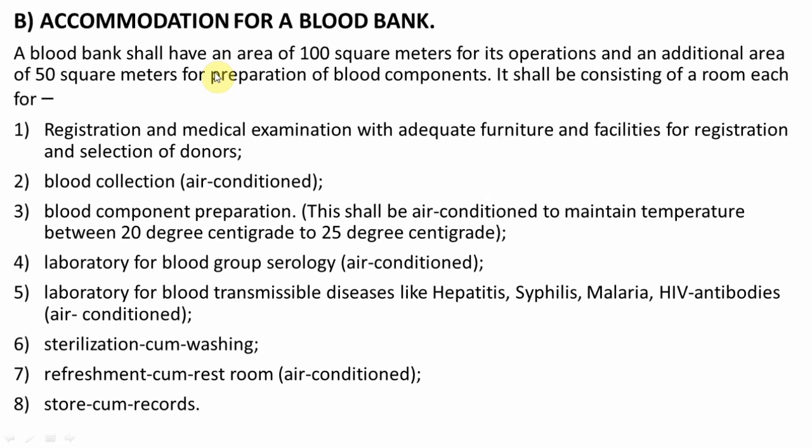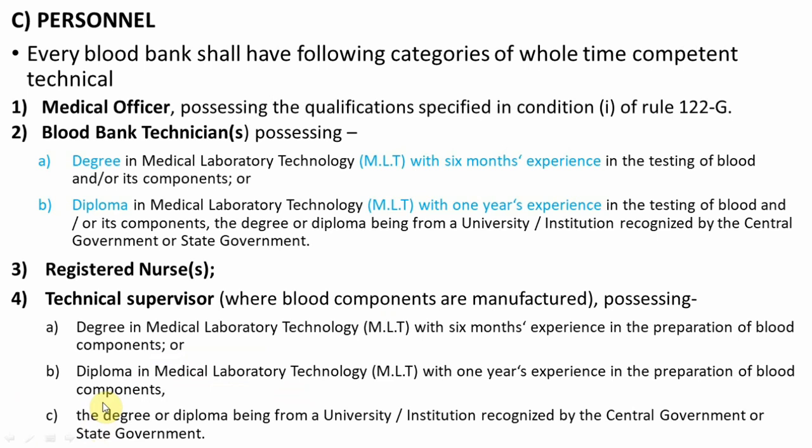It shall consist of a room each for registration and medical examination, blood collection, which should be air conditioned, then blood component preparation, then laboratory for blood group serology, laboratory for blood transmissible diseases like hepatitis, herpes, malaria, HIV antibodies, then sterilization cum washing, refreshment cum restrooms, which should be air conditioned, then store cum records.